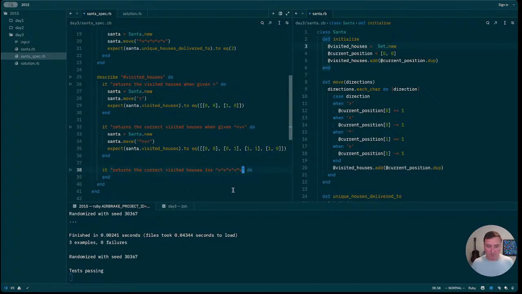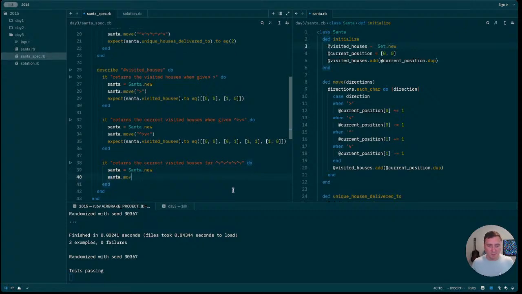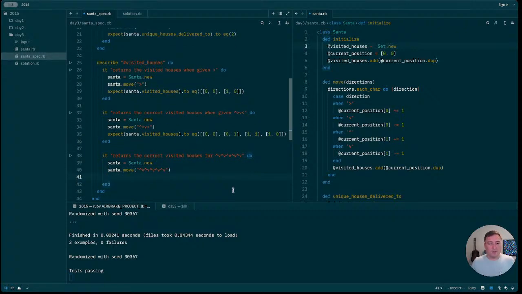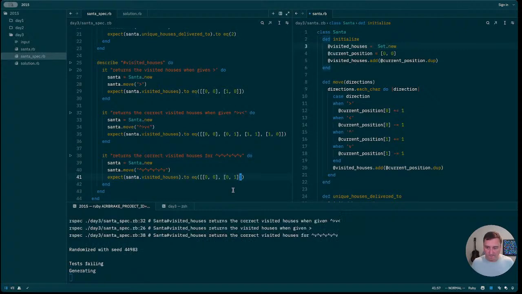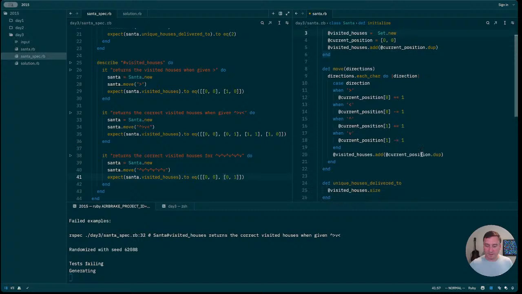If an individual Santa does this, then we want it to expect Santa.visited houses to equal that, right? Okay, and so those tests should pass once we add the visited houses.